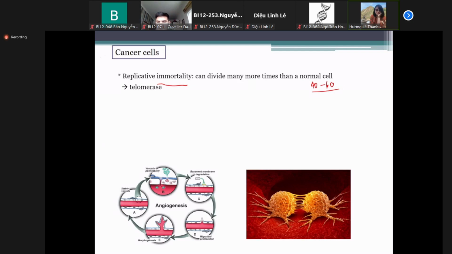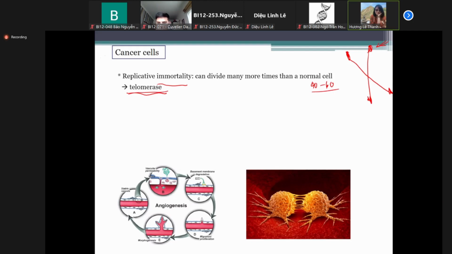Remember telomerase from the lesson about the nucleus? At the end of the chromosome we have telomeres, and the enzyme that maintains the length of the telomeres is telomerase.